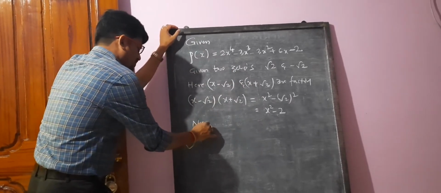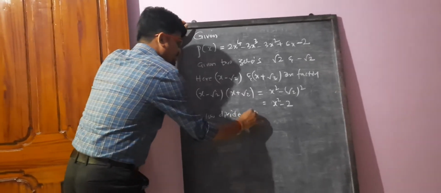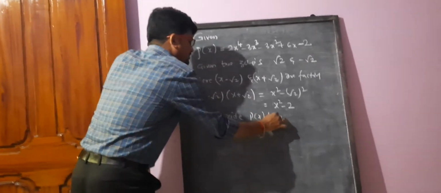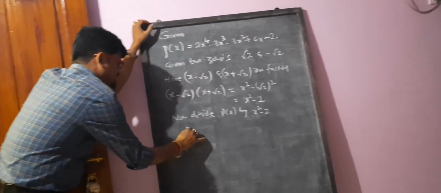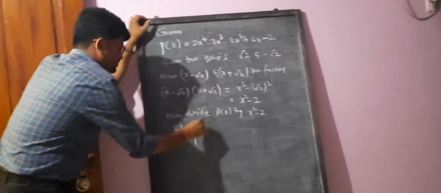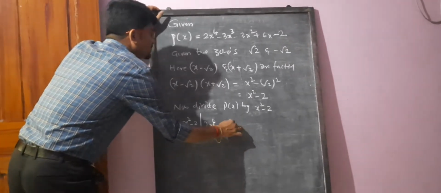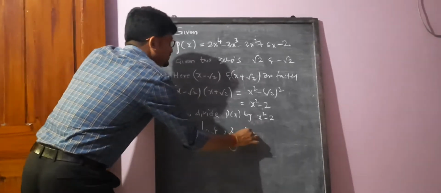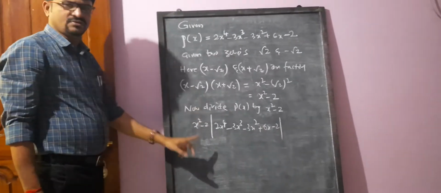Now we have to divide p of x by x square minus 2. That is, x square minus 2 dividing 2x to the power of 4 minus 3x cube minus 3x square plus 6x minus 2. Now we are going to division.